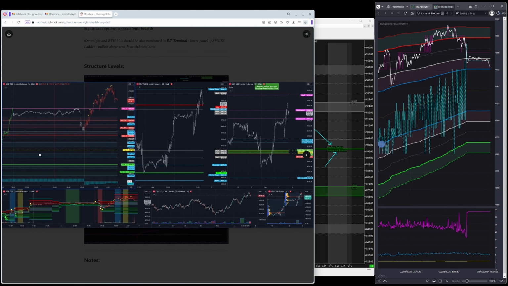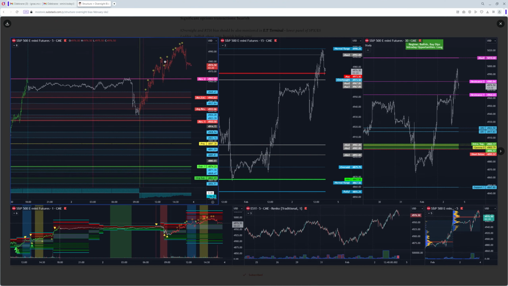So these are the levels. It's exactly the levels taken from here. But you can see that the coloring of these levels is a bit different because there is no direction here. The direction is made by the study for Sierrachart and Ninjatrader, but the levels are here.